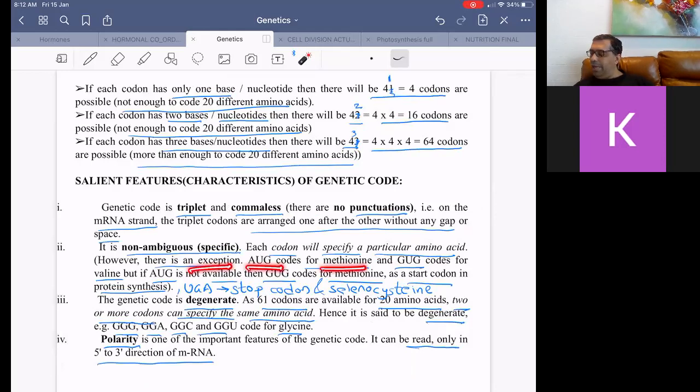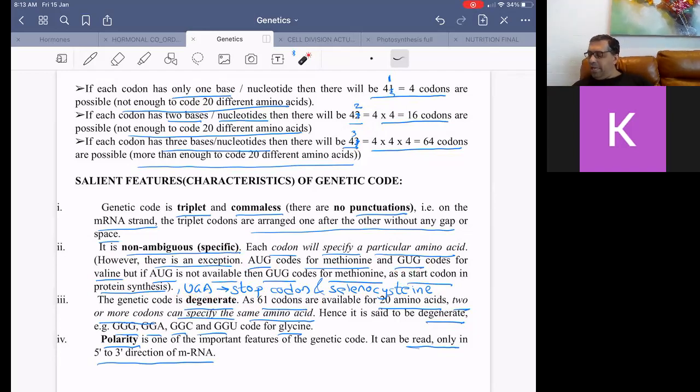AUG codes for methionine and GUG codes for valine. But if AUG is not available, then GUG becomes the start codon and codes for methionine. So GUG can code for methionine as well as valine. And UGA, the stop codon, can act as a codon for selenocysteine. The code should be unambiguous and specific, but there are exceptions of AUG, GUG, and UGA.